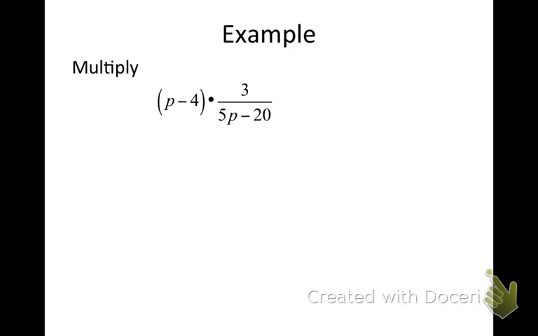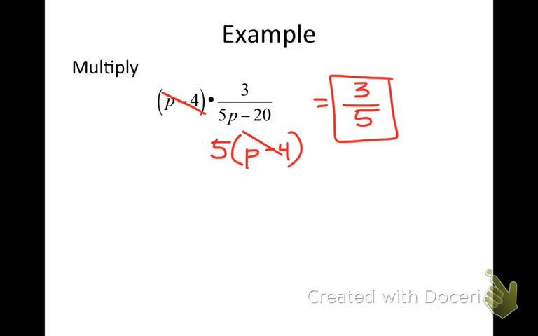So we'll take out a 5. Now I'll go to p minus 4. What goes away? P minus 4. Good. So what am I left with? 3/5. Nice. Simple as that. All right, so let's go ahead and try some of these out.